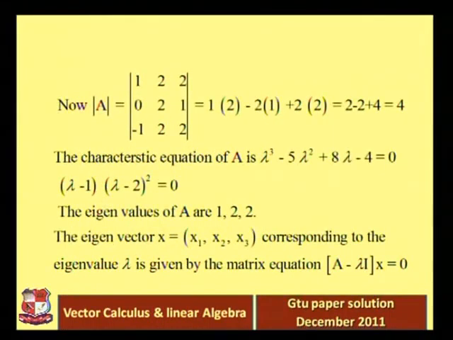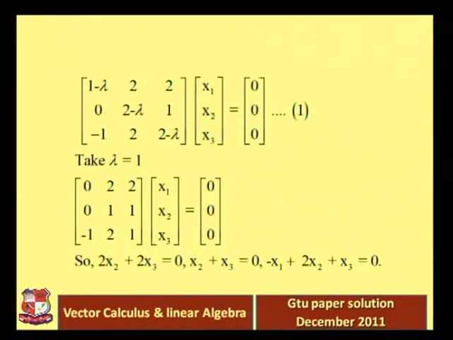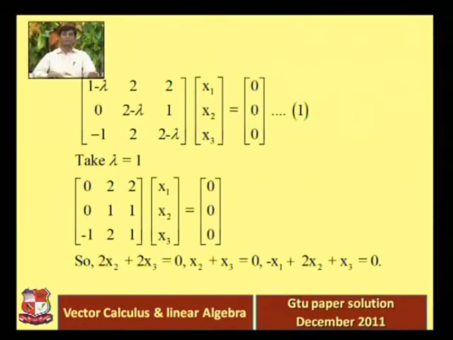The eigenvector X corresponding to the eigenvalue lambda is given by (A minus lambda I) into X equal to 0. That is, 1 minus lambda, 2, 2; 0, 2 minus lambda, 1; minus 1, 2, 2 minus lambda, into x1, x2, x3 equal to 0, 0, 0. Take lambda equal to 1 in the given matrix.